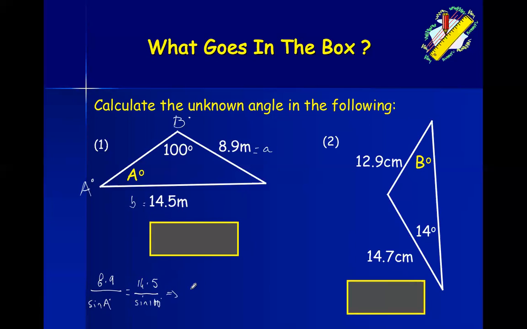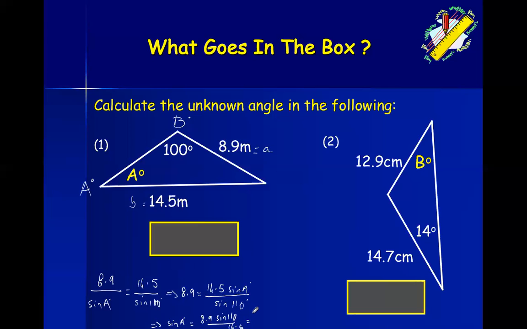Going to time by sine A both sides. And then after that, we're going to isolate sine A. Sine A itself is going to be 8.9 sine 110 divided by 14.5.